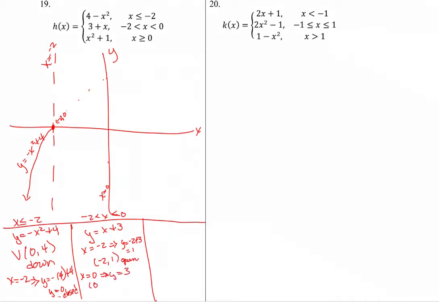So I have the point (0, 3), and that's also open. So at negative 2, I'm 1 and open, and at 0, I'm 3 and open. And so right here, I'm the line y equals 3 plus x.